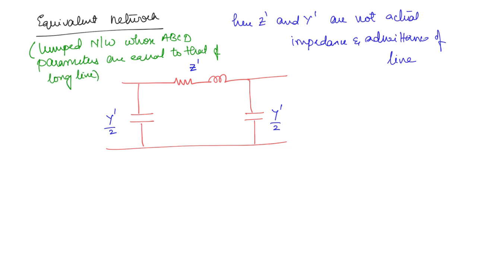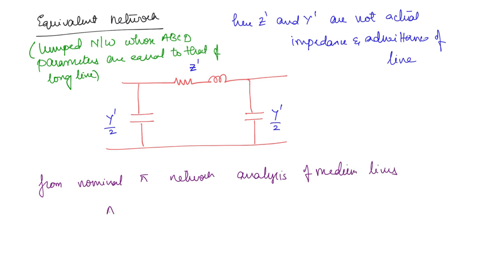Now what we will do is find the ABCD parameters of this network and equate them to the ABCD parameters of the long line. In that way we will get the expressions for Z dash and Y dash in terms of the parameters of the long line. This we can get from the nominal pi network analysis of medium lines.